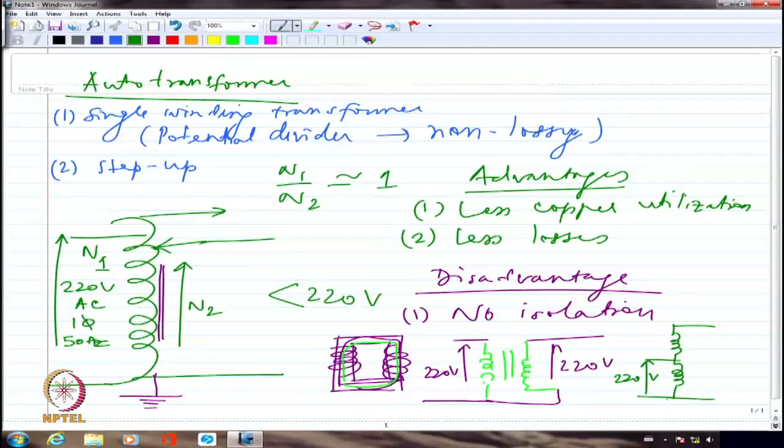Clearly. Right? When I designed the transformer, I might have anticipated that I am going to apply a maximum of 220 volts. Nothing like, higher than that. Whether I look at the primary or secondary, both of them would have been rated for 220 volts only.